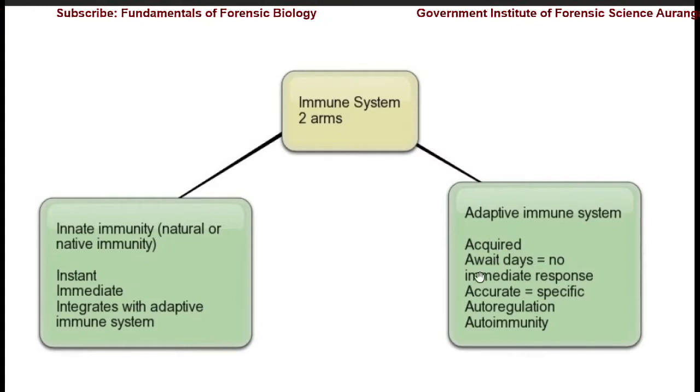So it waits a few days to show the immune response. But this response is accurate and specific, and it is auto-regulated depending upon the dose of the pathogen. If the dose is lowered, its response is also lowered, and it can also lead to some autoimmune disorders.